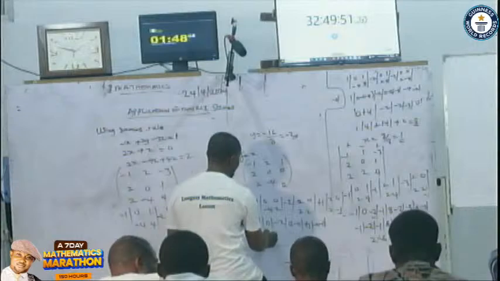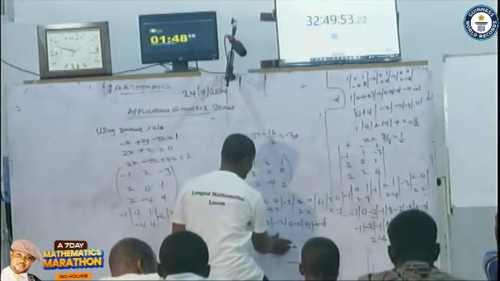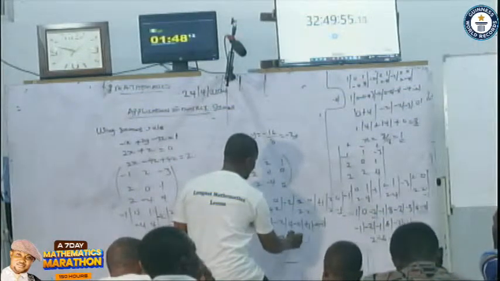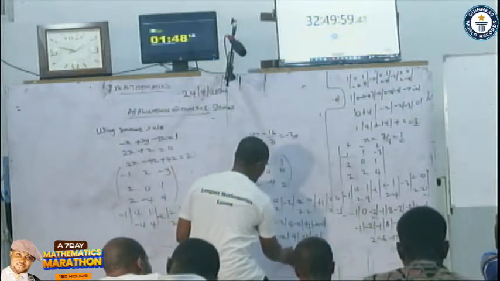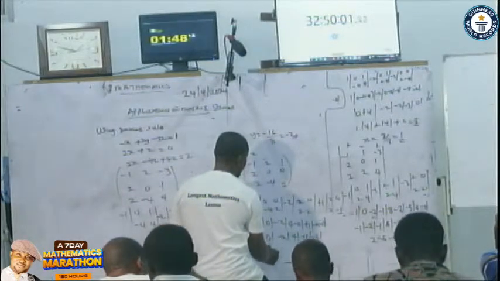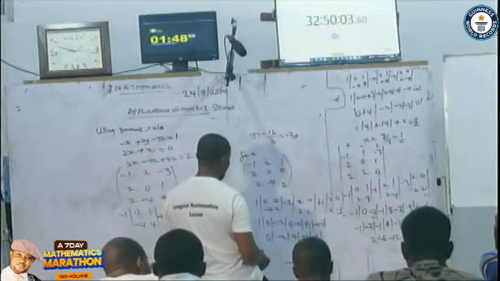So this place will now be here 0, minus 2 into 4, plus 1 into minus 2. This minus 2 here, this place will be 0 now.